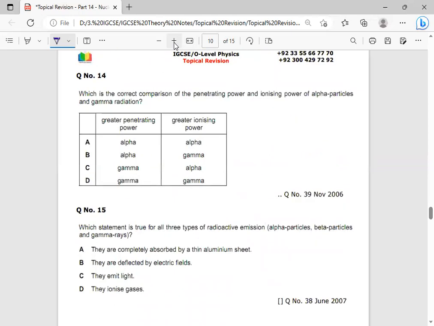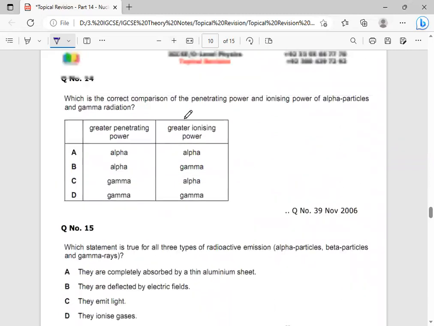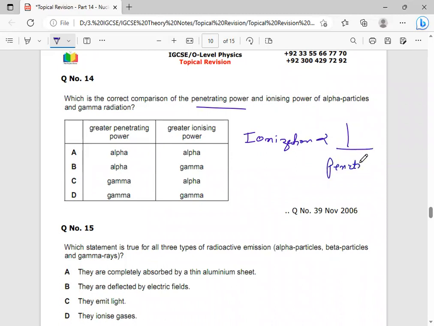The next question. Which is the correct comparison of penetrating power and ionization? They are inversely proportional to each other.